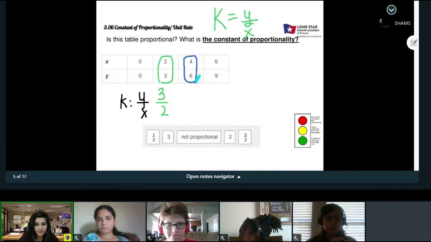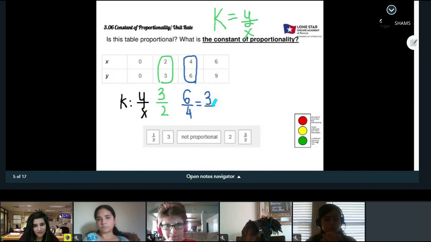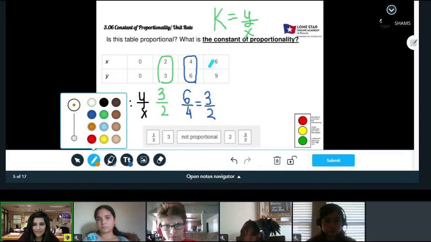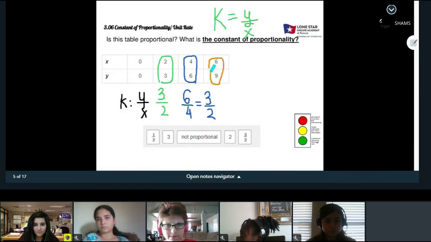Let's look at this one. Y value is 6, X value is 4. They are even numbers and can be reduced to 3 over 2, right? Then we look at the last one, 6 over 9.